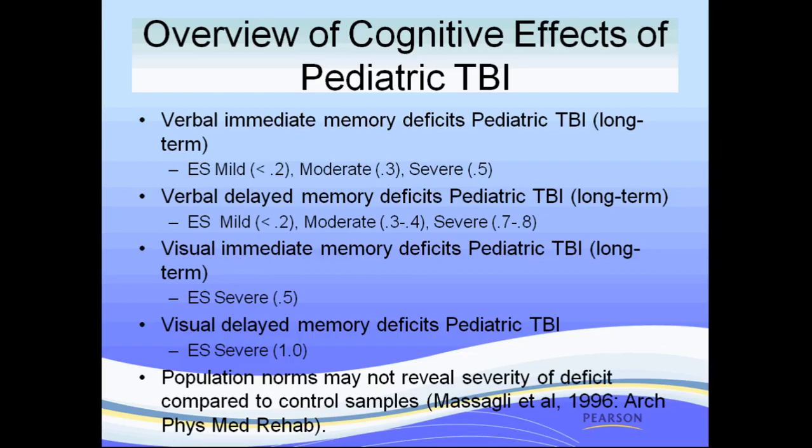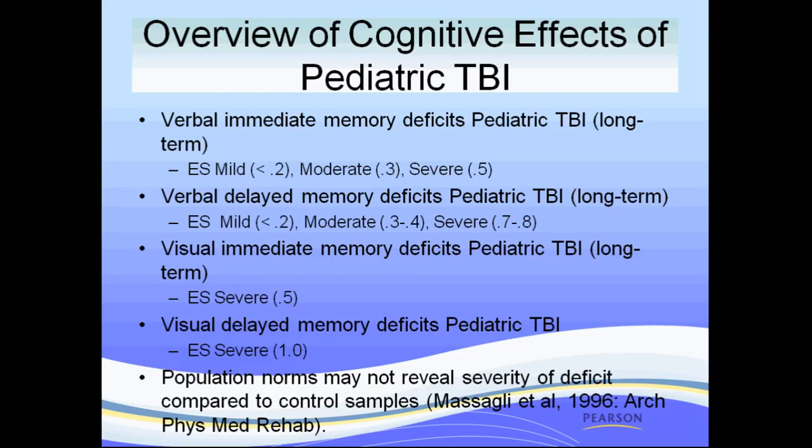Now, in verbal memory, what you see is about a half a standard deviation impairment in the severe group for immediate recall. And part of the reason why that's not larger is because when you give someone immediate recall measures, you're also getting working memory helping that function. So as I'm reading the story to the person, they're storing some of that information in their mind.